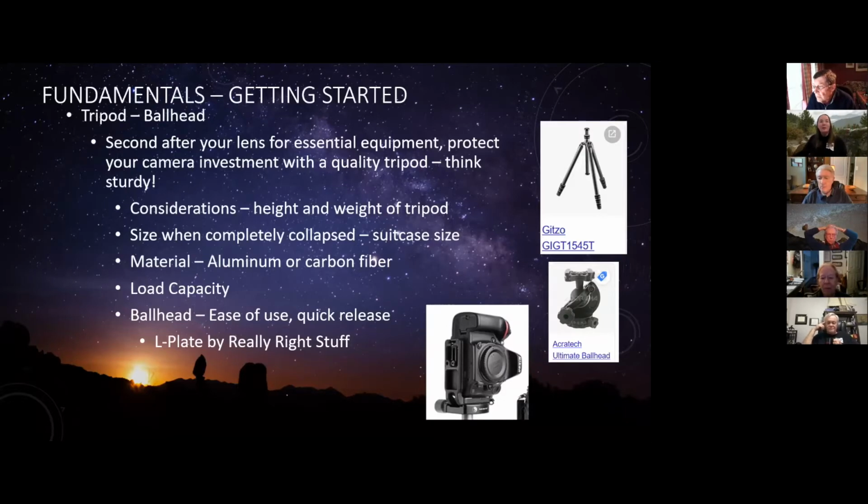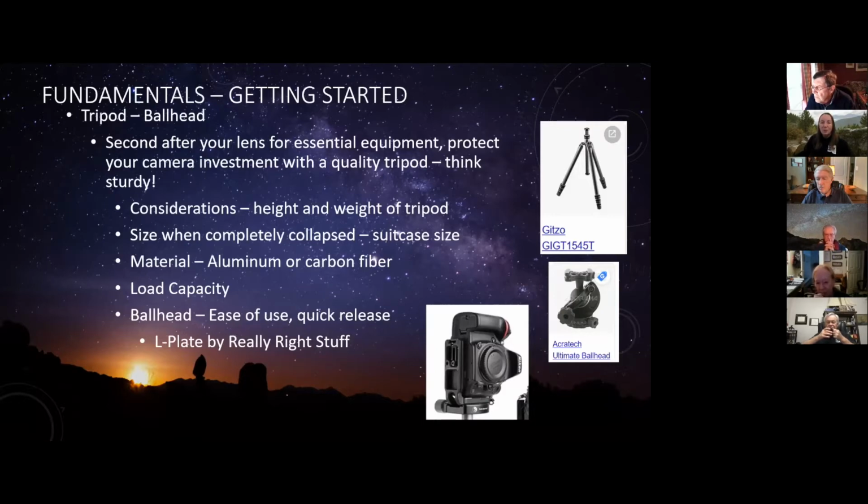Now, my piece of advice is Really Right Stuff makes an L plate. I'm sure there are other companies that do too, but I will swear by this. Not only does it allow me to have a quick release, but I have my Canon Mark III, and I think I dropped that thing half a dozen times.